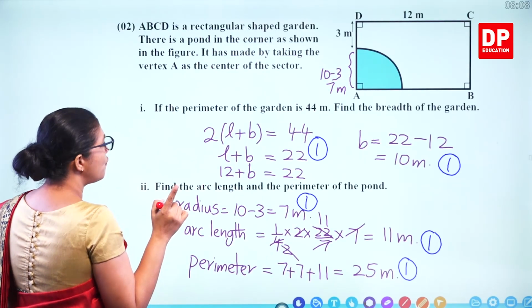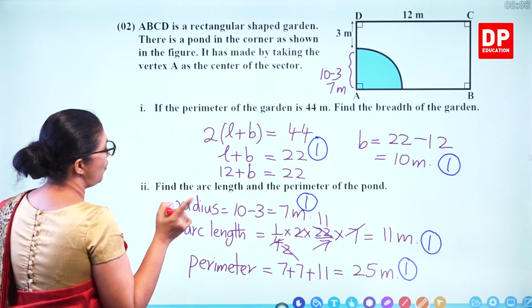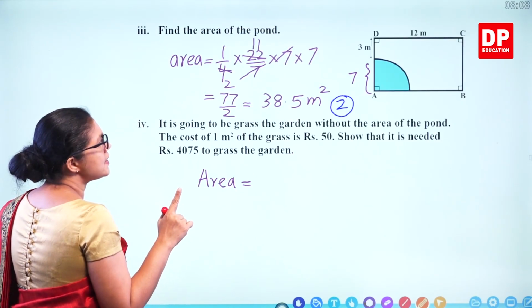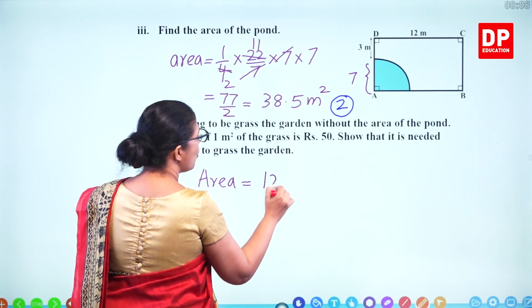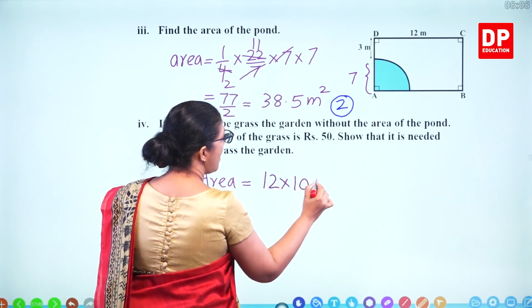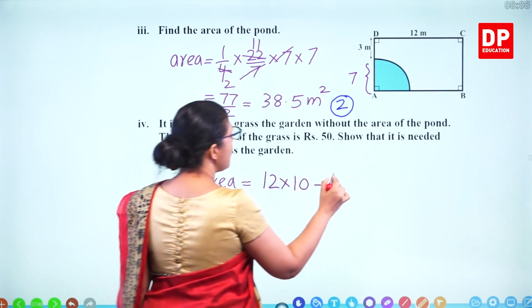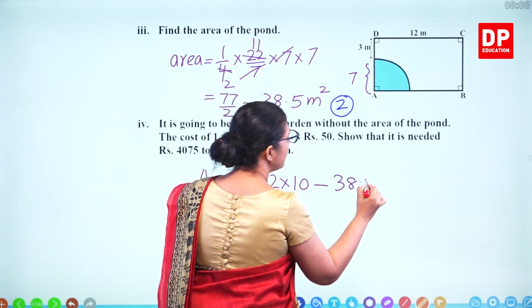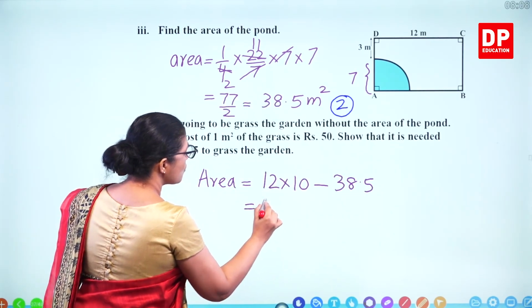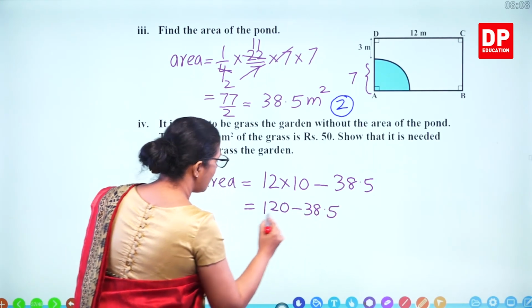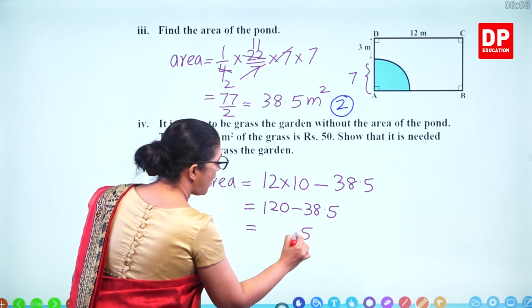Did we find out the full area? No. So what's the full area? 12 times 10, length into breadth, minus the pond area. Pond area we found 38.5. So 120 minus 38.5. What's the answer? 81.5.